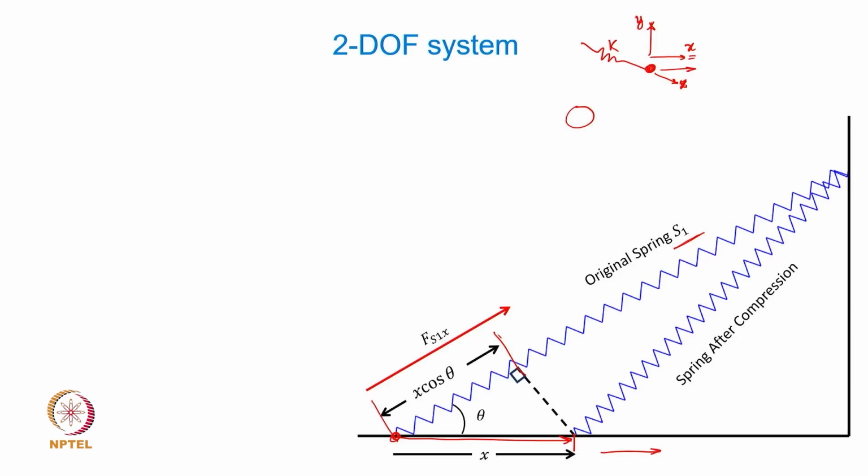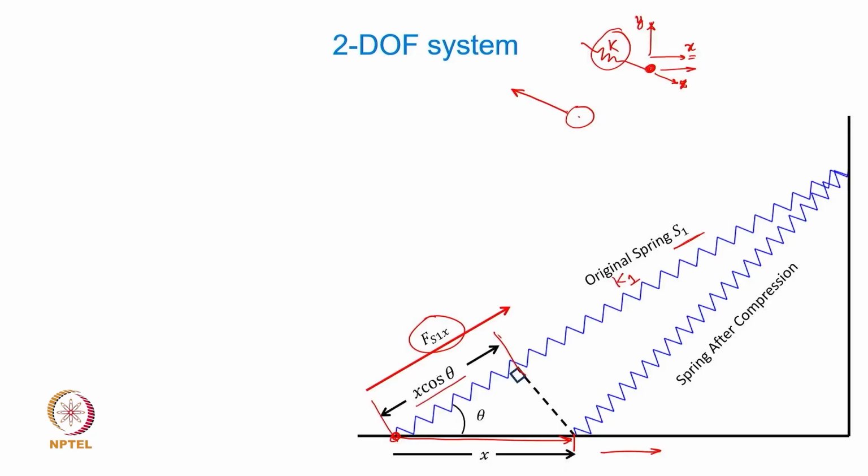So the net compression in the spring is going to be x cos theta. So if I consider this as the mass, the spring is going to generate a restoring force Fs1x, and this force is going to be proportional to the stiffness of the spring along its axis multiplied by the net stretch, which is x cos theta, right.